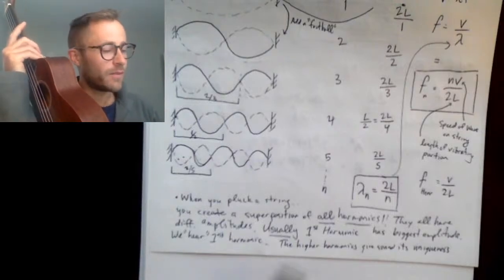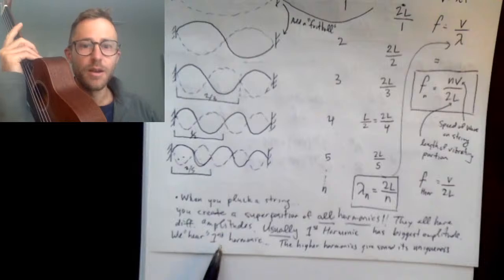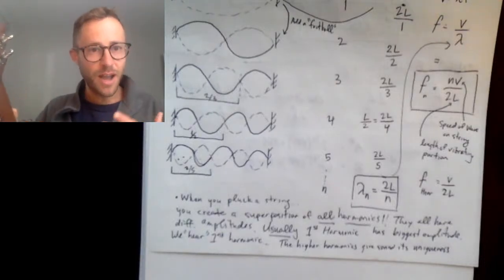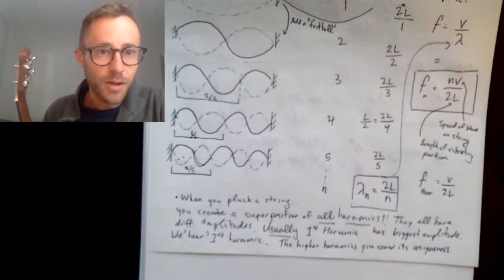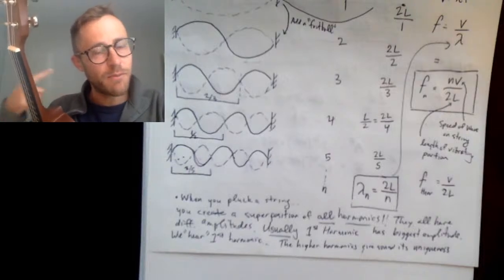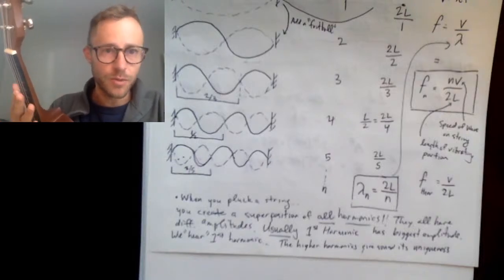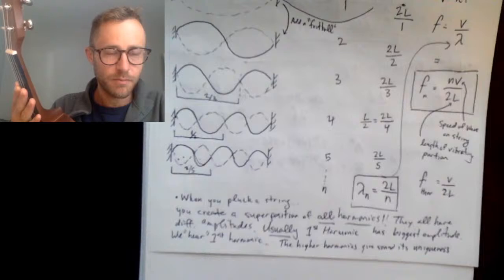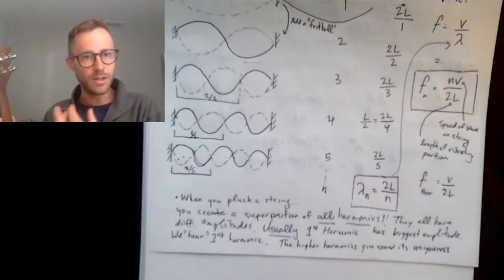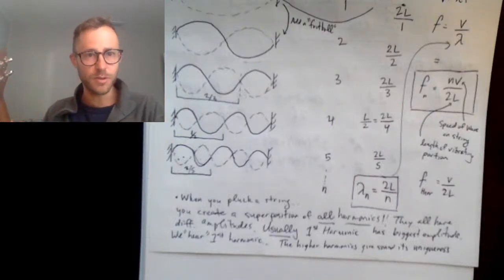We both have the same first harmonic, but the other harmonics are different. Okay, maybe I have extra second harmonic in my voice compared to the ukulele. So that's going to give my voice a different quality from the ukulele. Okay? So the higher harmonics are what give sound its unique character for a particular instrument.